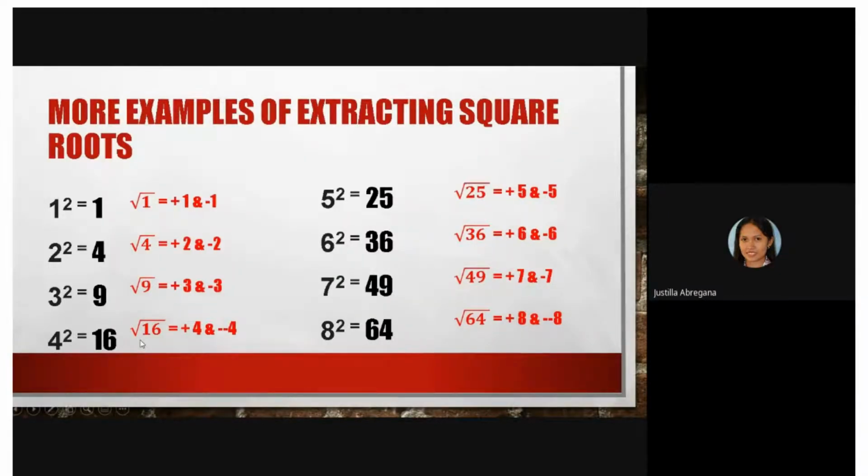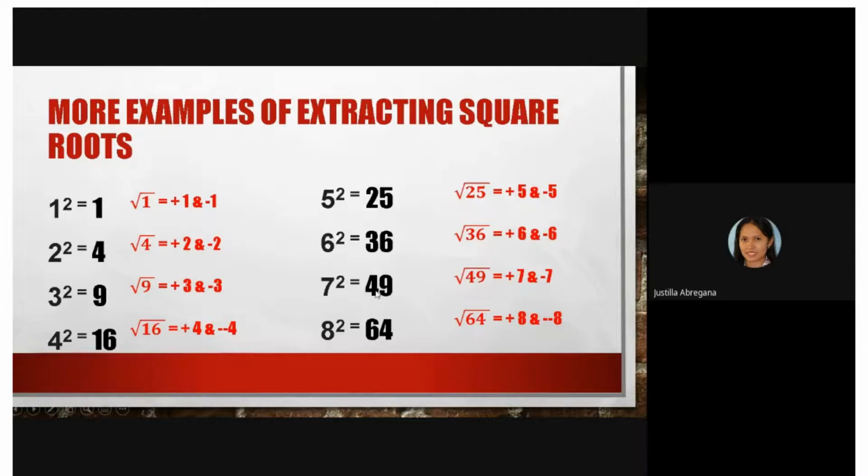Positive 3 times positive 3 is equal to 9, and negative 3 times negative 3 is still equal to positive 9. Next, the square root of 16 is equal to positive 4 and negative 4, because positive 4 times positive 4 is equal to positive 16, and negative 4 times negative 4 is equal to positive 16.